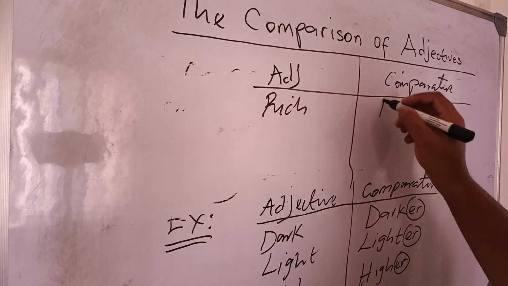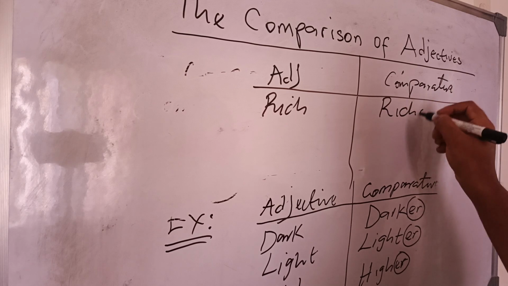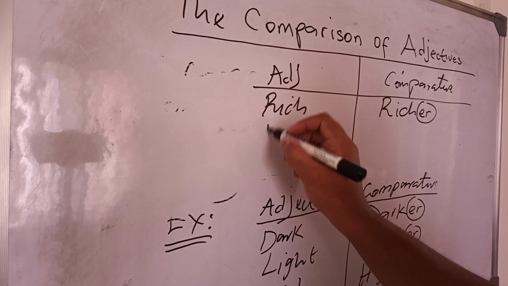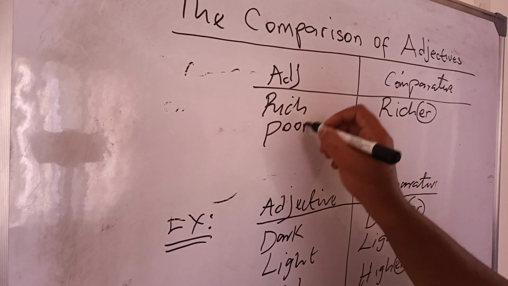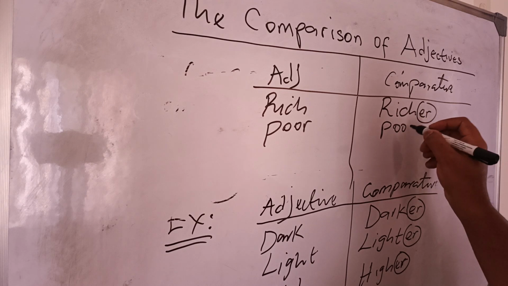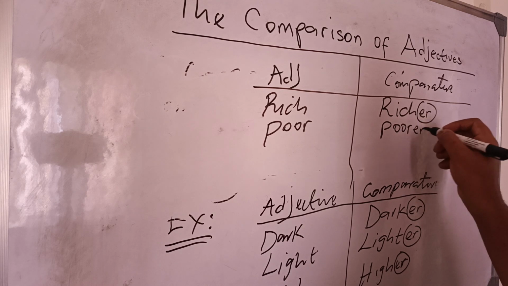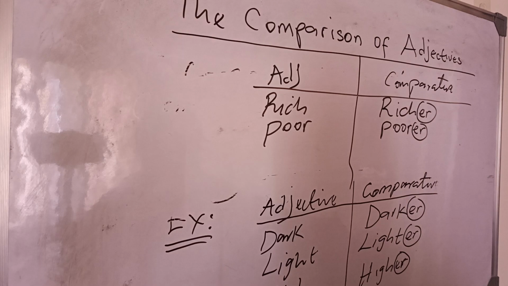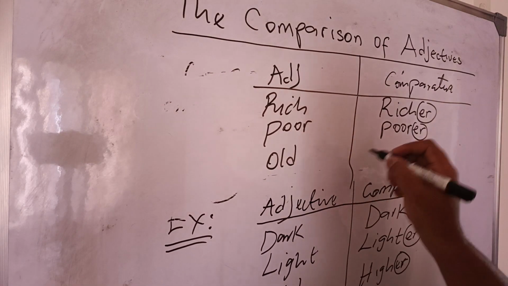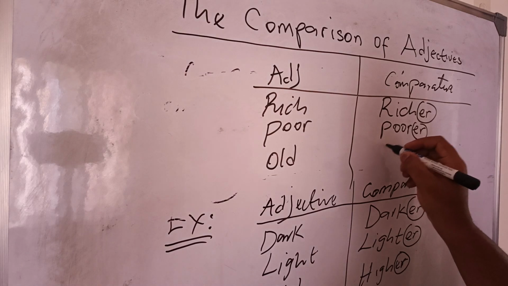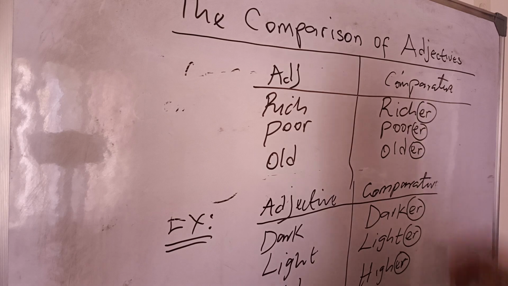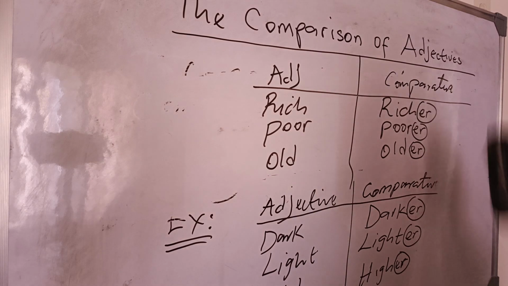If you add er, it becomes what? Richer. So we have poor. If you add er, it becomes what? The poorer. So we have old. If you add er, it becomes what? Older. So let's take a look at the other one.